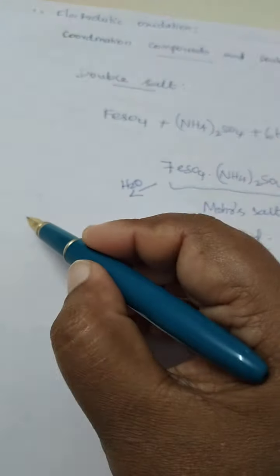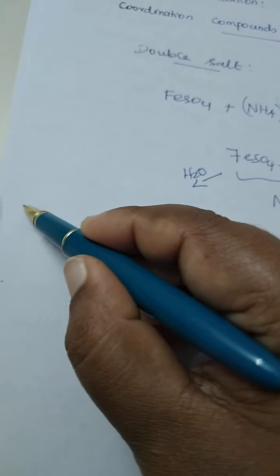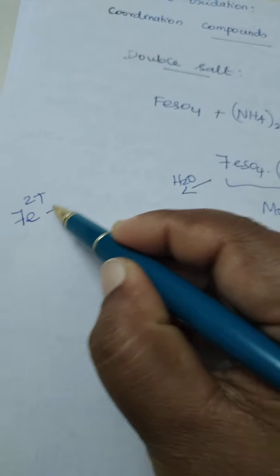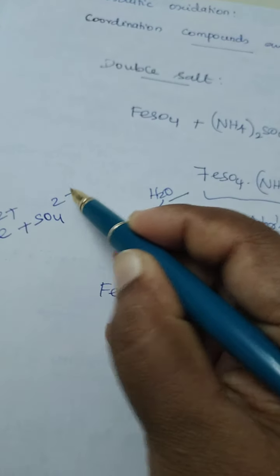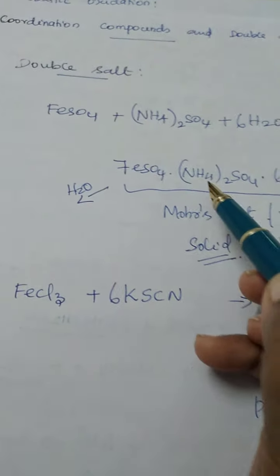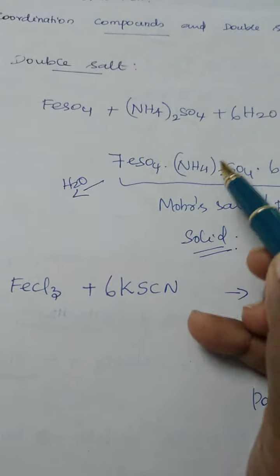It ionizes to give you Fe2+ plus SO4 2-, that is ferrous sulfate ionizing, plus ammonium sulfate, plus NH4+ plus SO4 2-, then the water molecule.